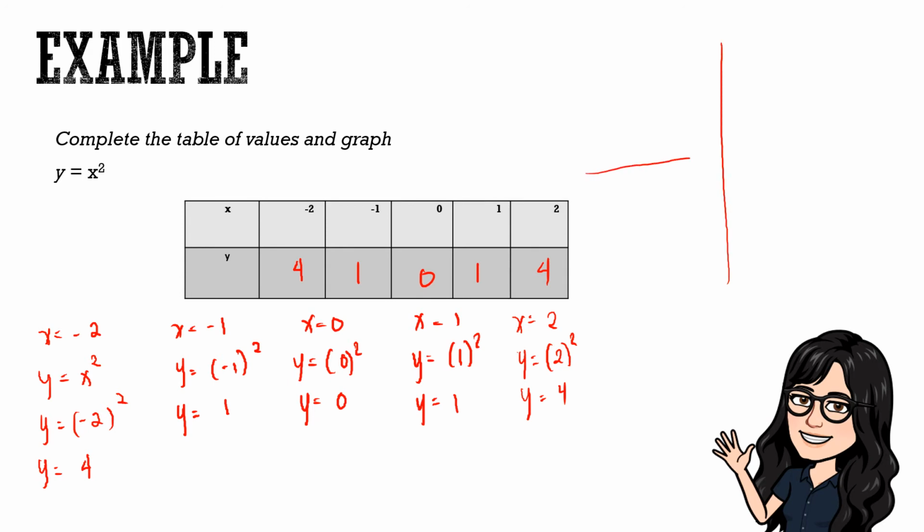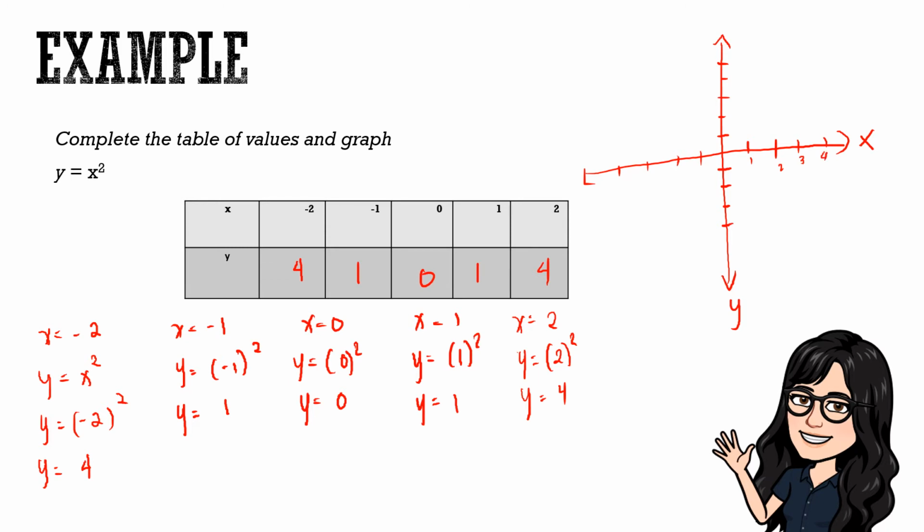Just simply draw a Cartesian coordinate plane. Now remember that this is your x and this will be your y. Remember that the center is 0, 0, and to the right are all positive numbers.